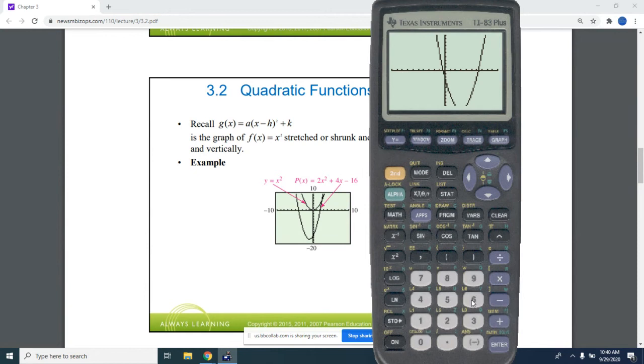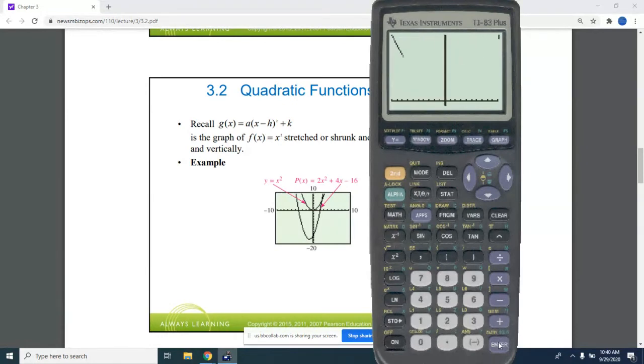All right, so now this is a problem you may run into. In order for the calculator to calculate the vertex, you actually have to see where your graph bends. Just notice that I can't actually see my vertex, it's off my screen. So what I would do from this point is hit zoom and scroll down to 0 for zoom fit.